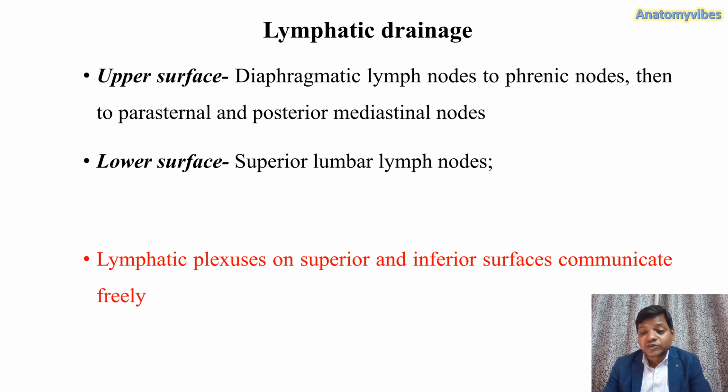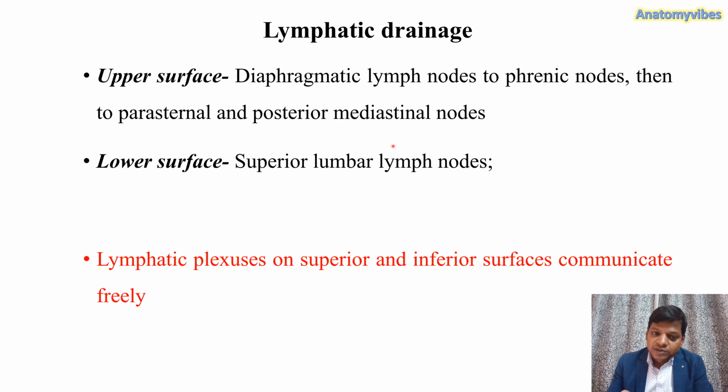Lymphatic drainage, very important. Don't underestimate the lymphatic drainage, because we all know that the carcinogenic metastatic pathway is mainly via the lymphatic system. So upper surface of the diaphragm will drain lymphatic drainage via the diaphragmatic lymph node, then going to the phrenic lymph node, and then to the parasternal and posterior mediastinal lymph node.